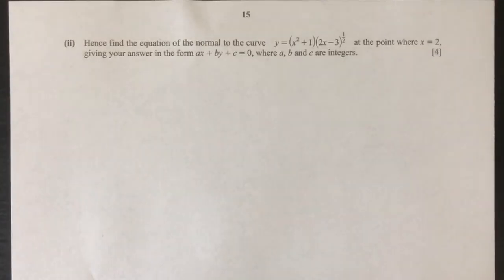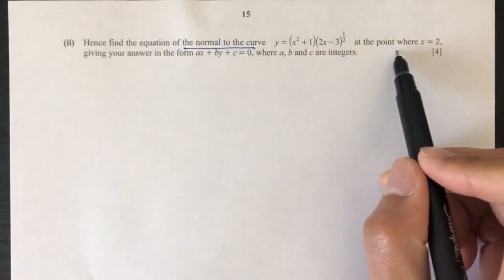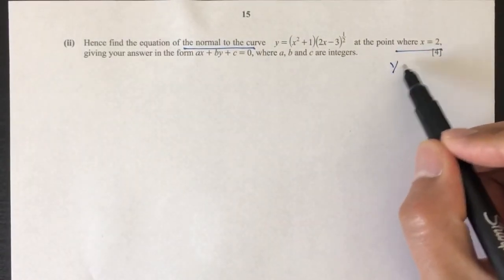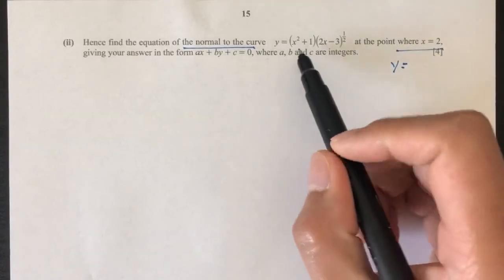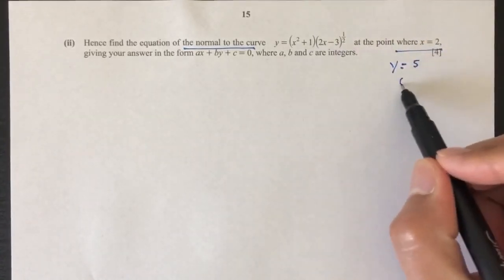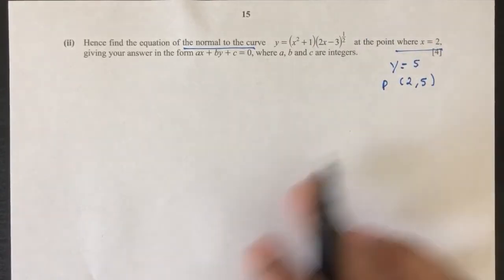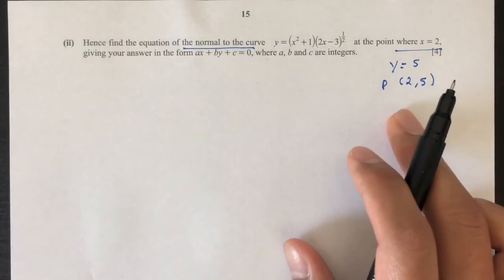Now for part 2 of question 11. Hence find the equation of the normal to the curve at the point where x equals 2. So what is the value of y when x equals 2? It will be, this is 5 times 1, so 5. So y will be 5, so the point will be 2, 5 where the normal passes through.